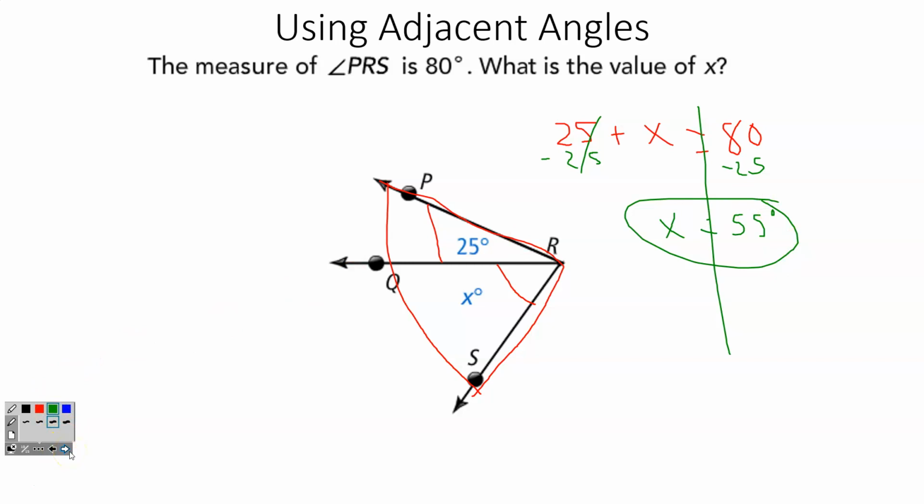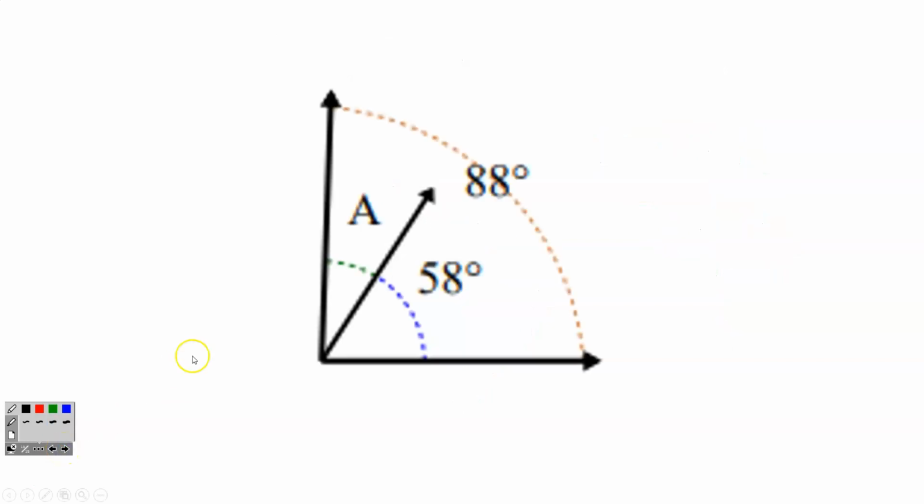So again, remember, when they're adjacent, when they're right next to each other, you add them together. Okay, so we need to add because we have this angle and it's adjacent to this angle.